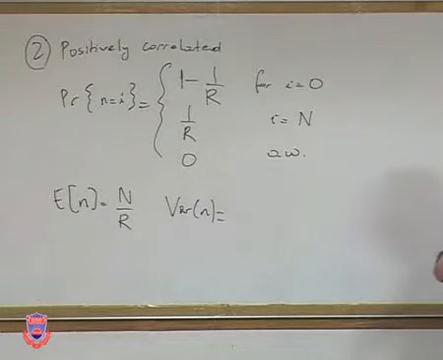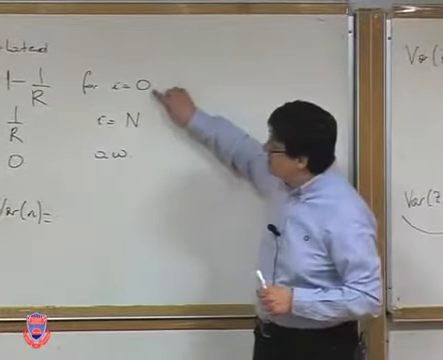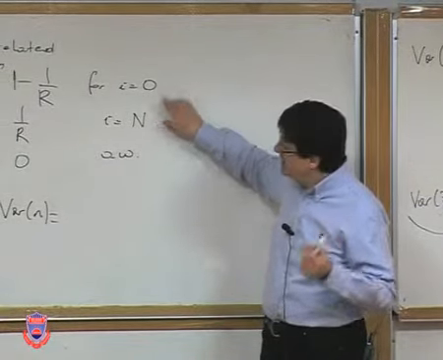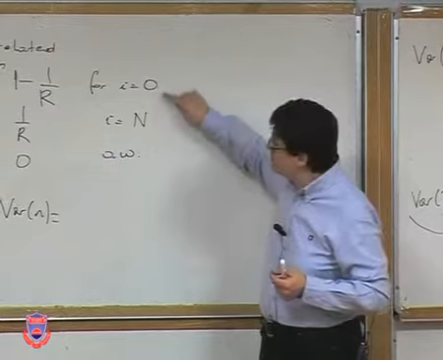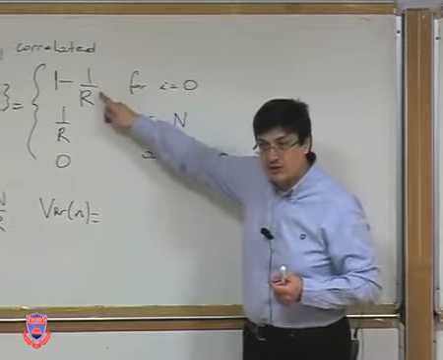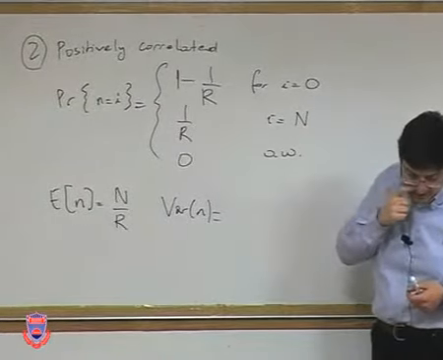In order to compute the variance, this is a discrete distribution, okay? And how do we compute the variance? You take the square of this value multiplied with the probability, square of this value multiplied with the probability.